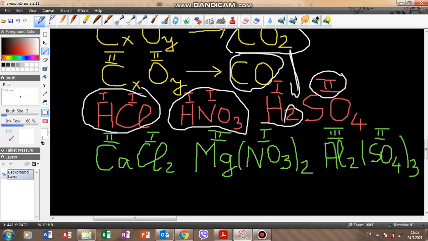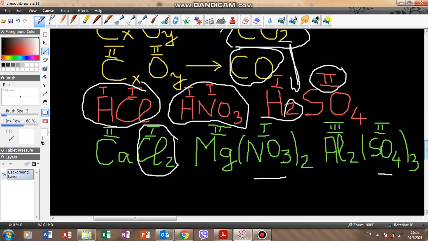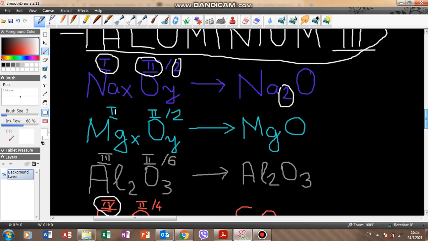And by knowing the valency number of acid anions, like the chloride anion in this case, or the nitrate anion, or the sulfate anion, you can also write down the formula of these salts by knowing the valency number of the metals in the salts, applying the same way we learned above in writing down the formula of any given compound.